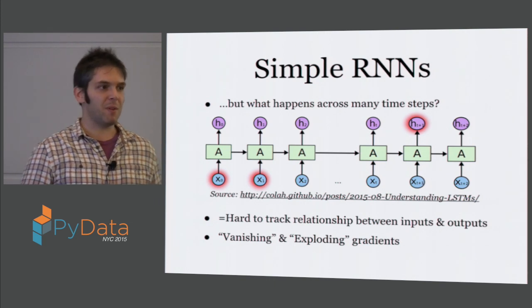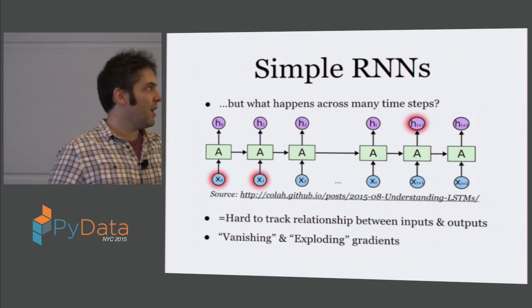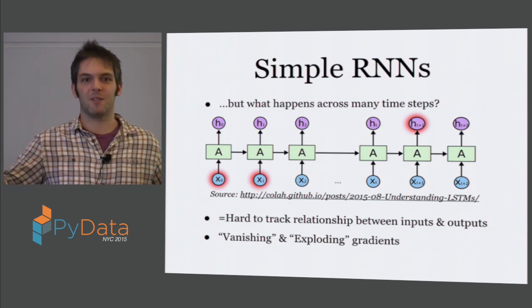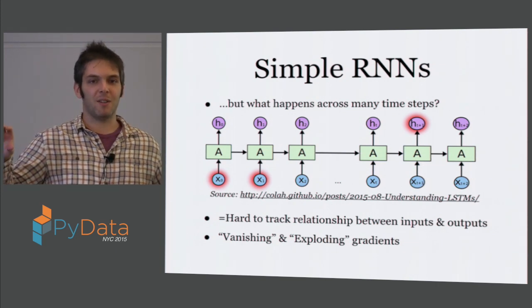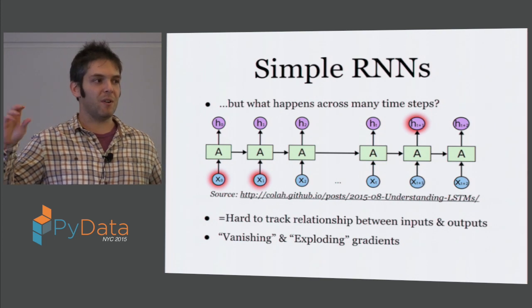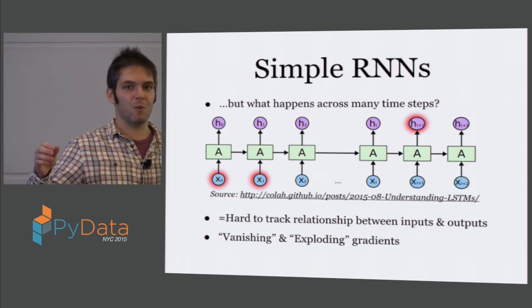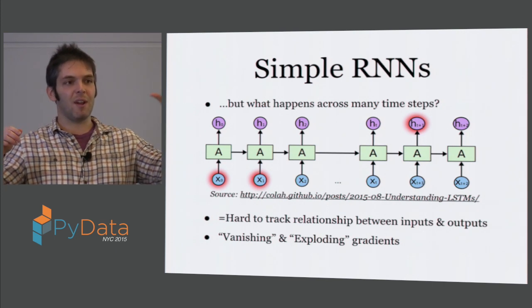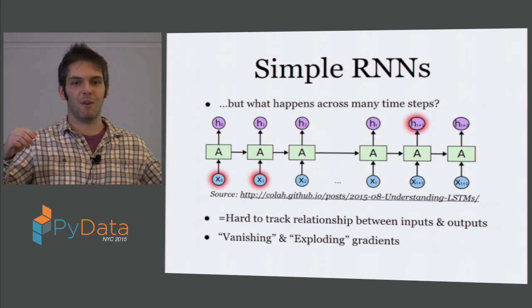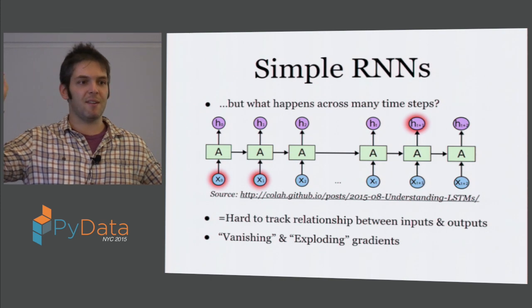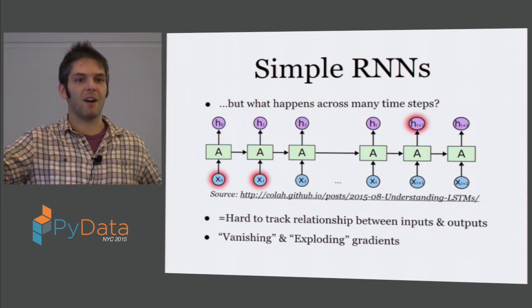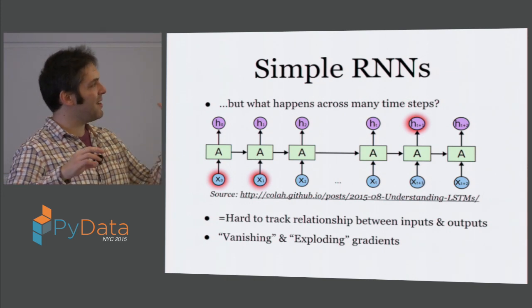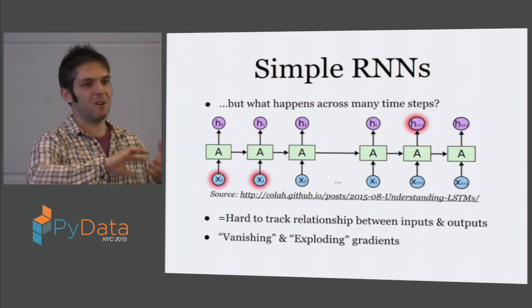The problems with simple recurrent neural networks are centered around what happens when you get very long sequences. If you have a sequence of 100 or 1,000 time steps, and you're trying to connect that a particular input 1,000 time steps ago is related to something that you need to identify now, it's very hard, because typically the activation function in these neural networks is some nonlinear squishing.